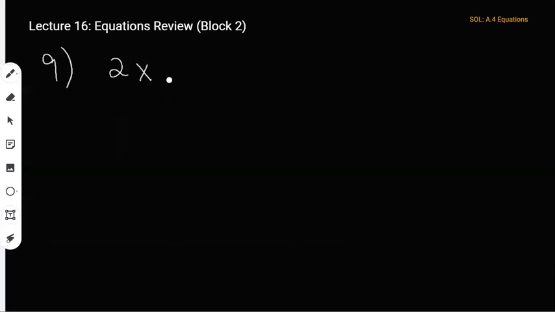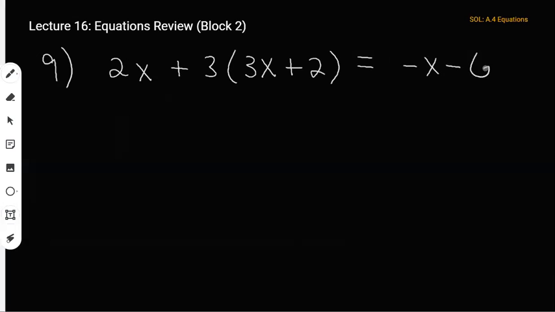So we'll take a look at that. I've got 2x plus 3. And on the inside right here, I'm going to have 3x plus 2. On the other side of the equal sign, I'm going to have a negative x minus 6.